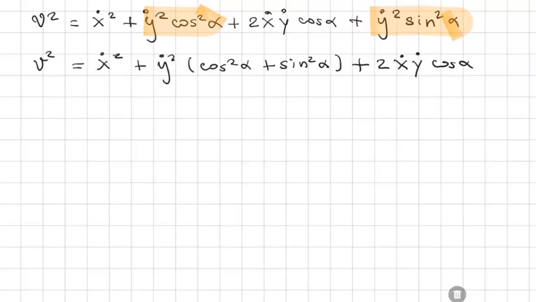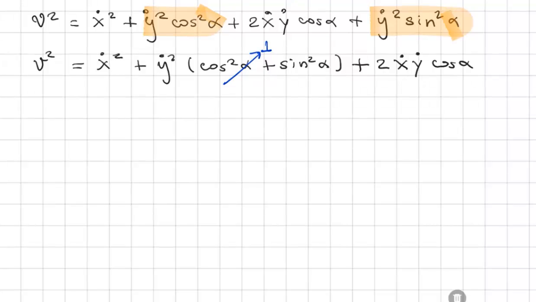And because of this trigonometric relation, this is equal to 1, right? Cosine squared of the angle plus sine squared of the angle is equal to 1.